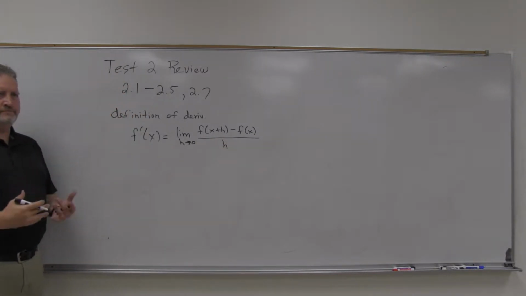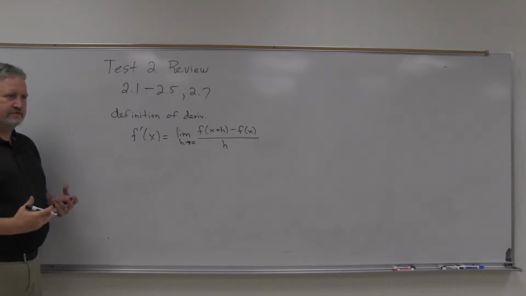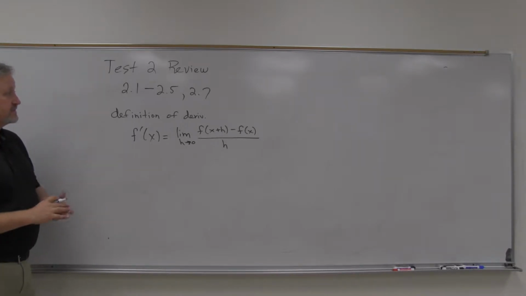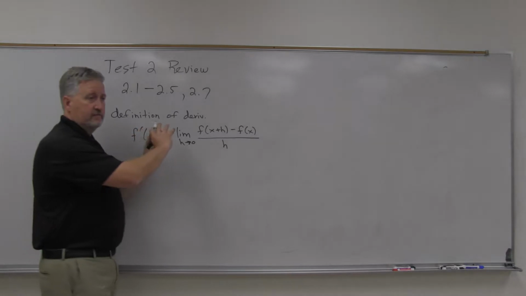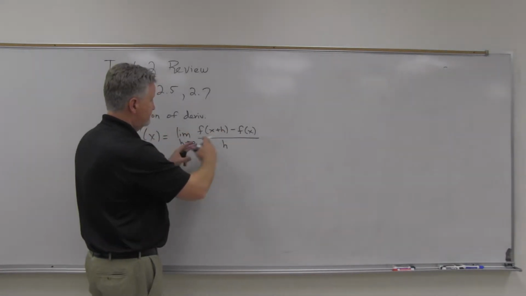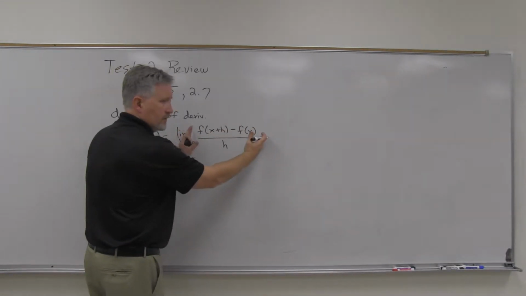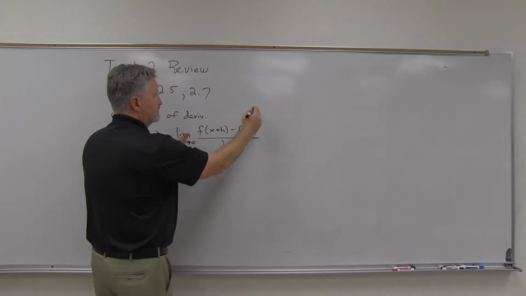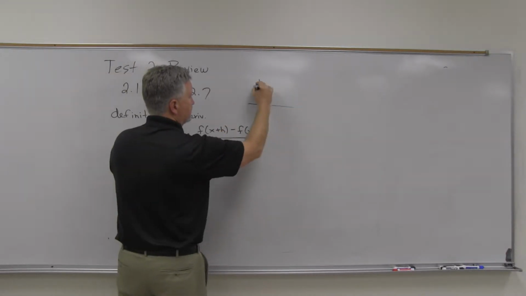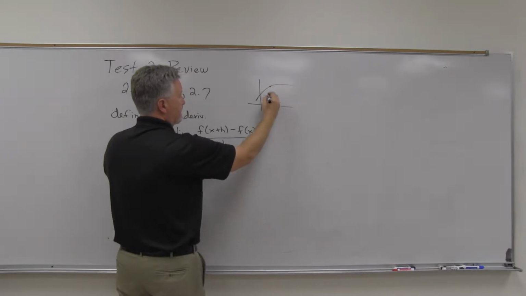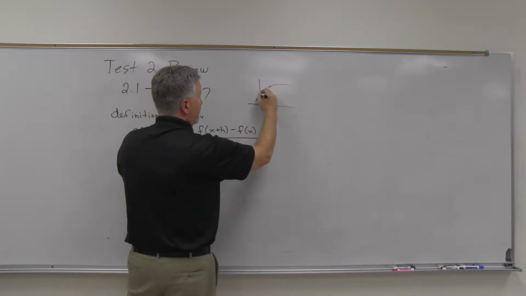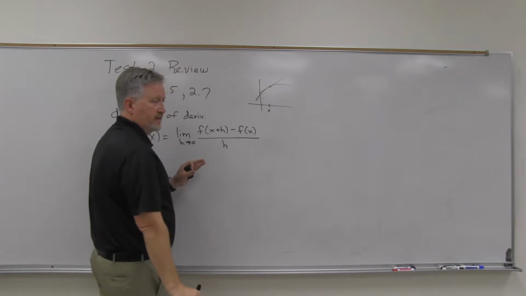Just to review what that is, that's the thing we did in the first unit. Here's our function. At x, we're trying to find the derivative, which is the slope of that tangent line.